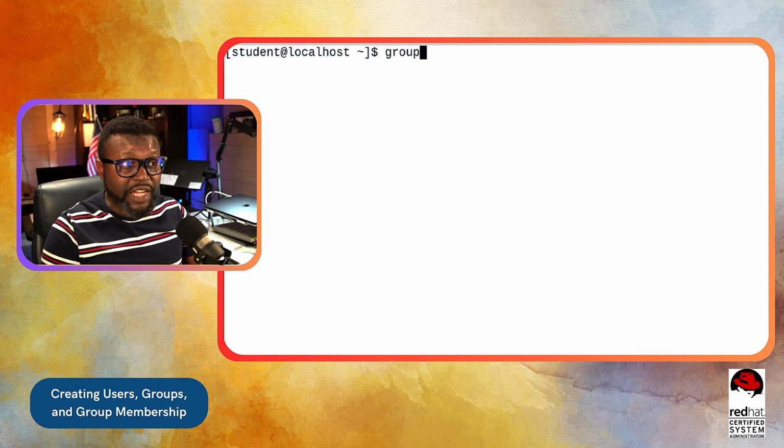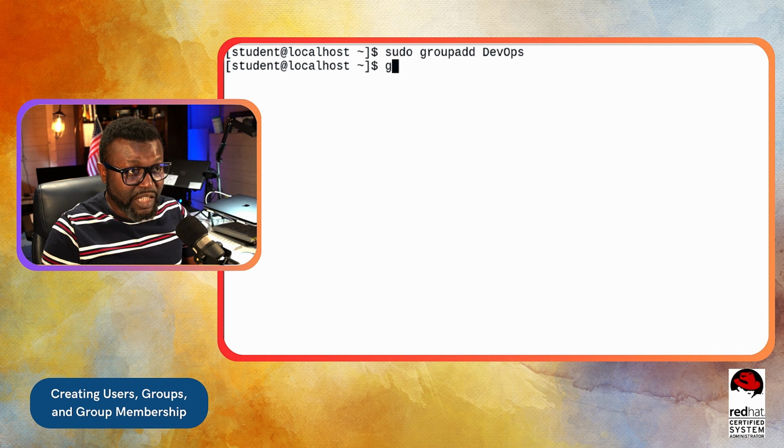First, we create the group, which is DevOps. So we're gonna do groupadd, and this is the group that's been created. So you can grep DevOps from /etc/group to verify it's there.